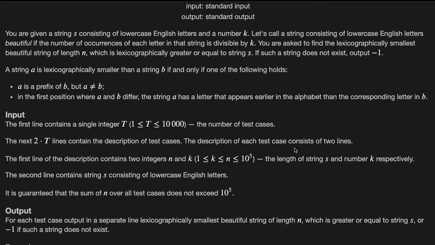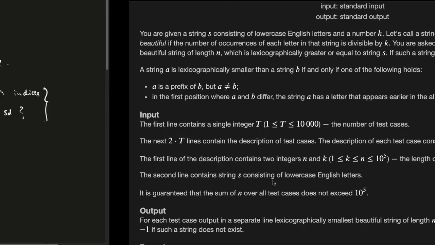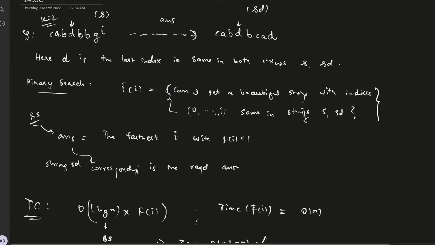So I've done a binary search based approach here. Whenever we have to check lexicographic ordering between strings, a common observation in these types of questions is that a certain prefix of the string would be the same, and then a character might differ.